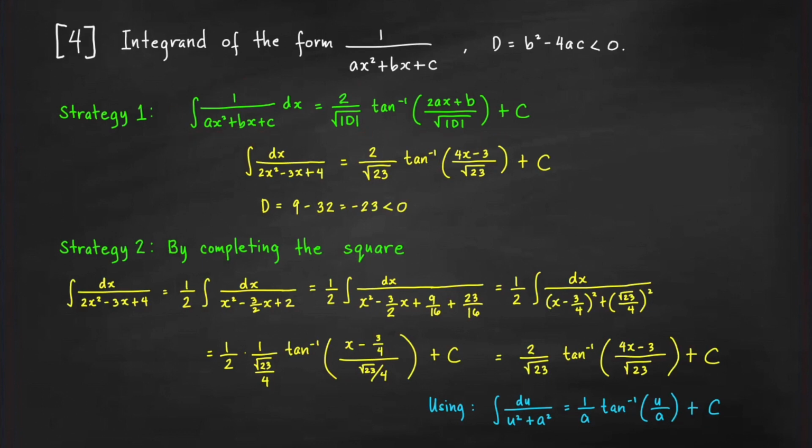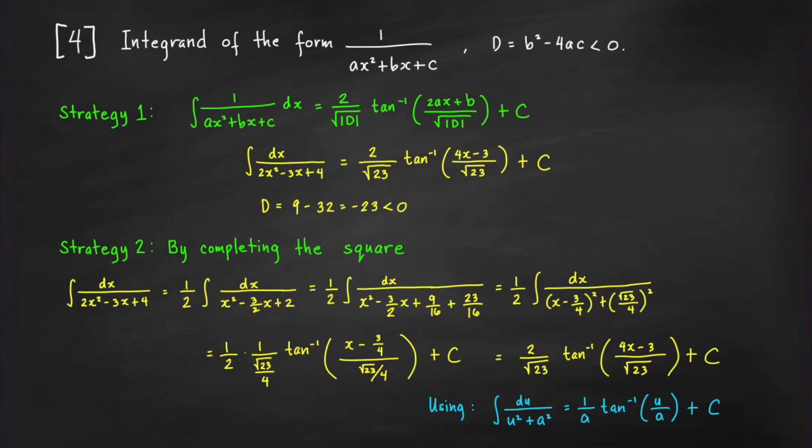The integral of 1 over ax squared plus bx plus c dx is just equal to 2 over the square root of the absolute value of d, and then tangent inverse of the quantity 2ax plus b all over the square root of the absolute value of d, and then plus c.